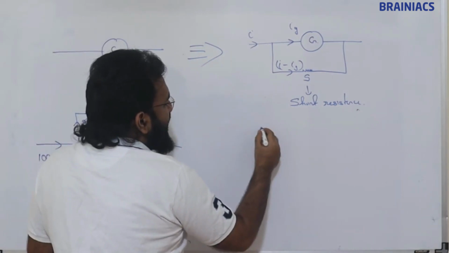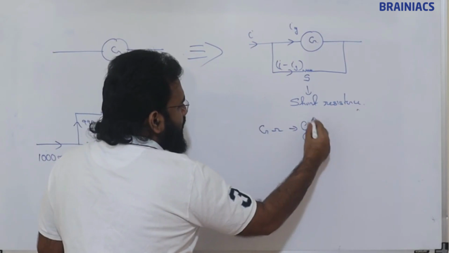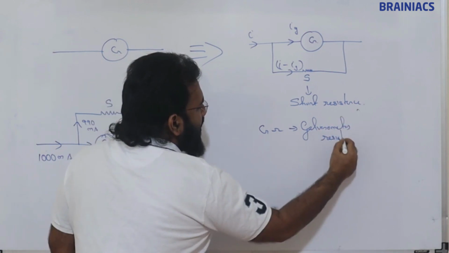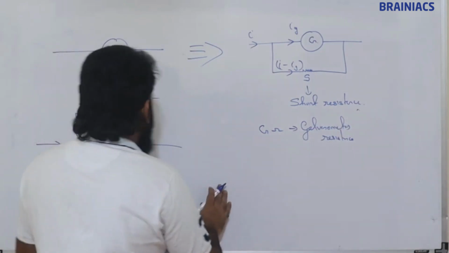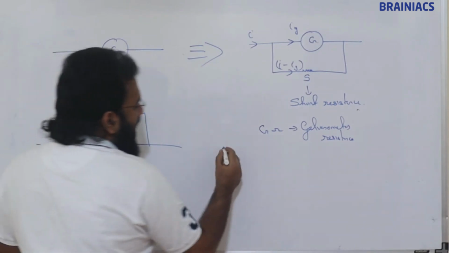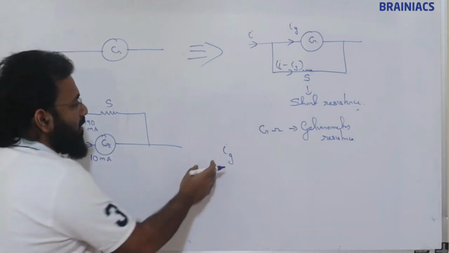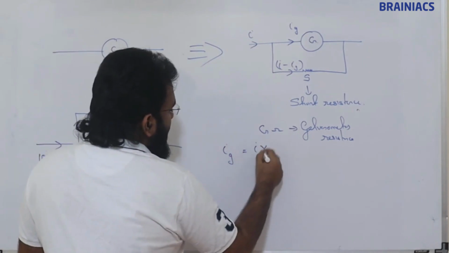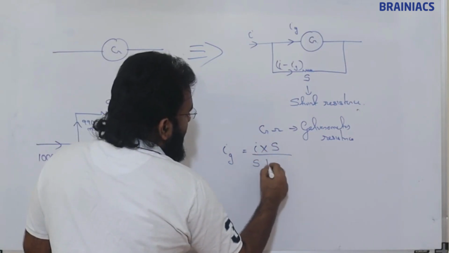Suppose the galvanometer resistance is G ohm, and the current passing through the galvanometer is 10 milliampere. We know the current division rule we have studied. So Ig is equal to I into the opposite branch resistance S divided by S plus G.